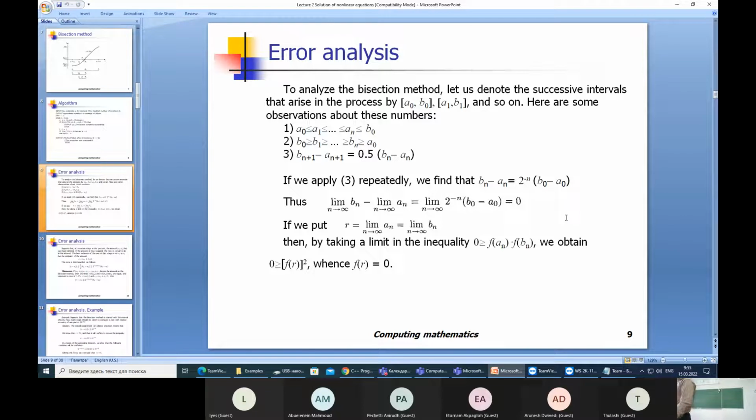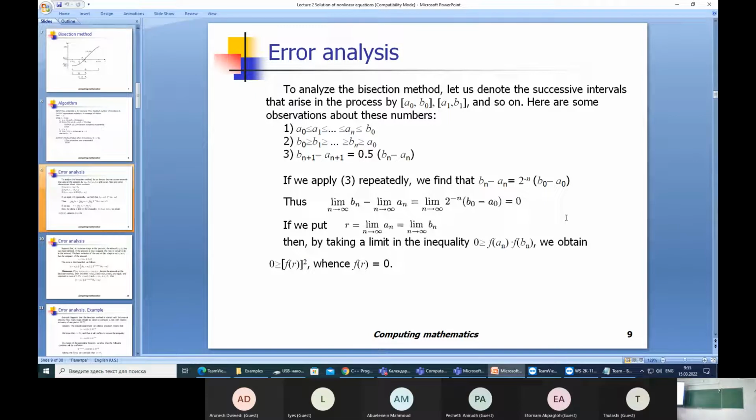If I take tolerance 0.1, I get a point that lies rather far from the real solution. But if I take the tolerance, for example, 10 to the power minus 10, the method outputs a solution that is very close to the real solution.